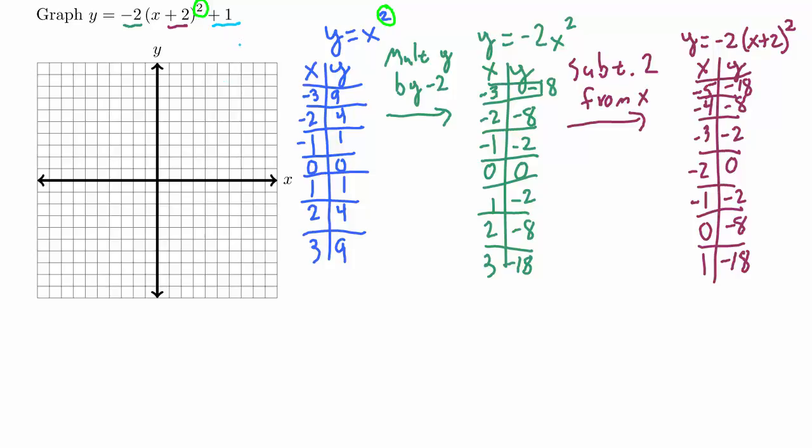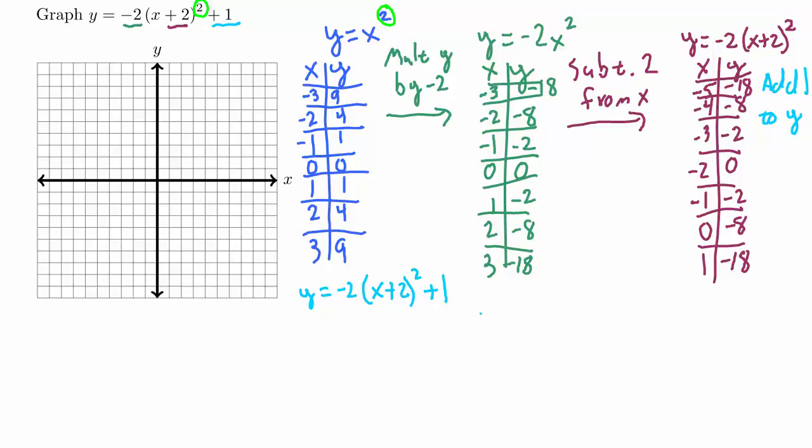The +1 is outside, so y equals -2 times (x plus 2) squared plus 1. It's on the outside of the parentheses, which means that it affects the y value. And since it affects the y value, I do what it says, and it says add 1. Therefore, I'm going to add 1 to the y values.